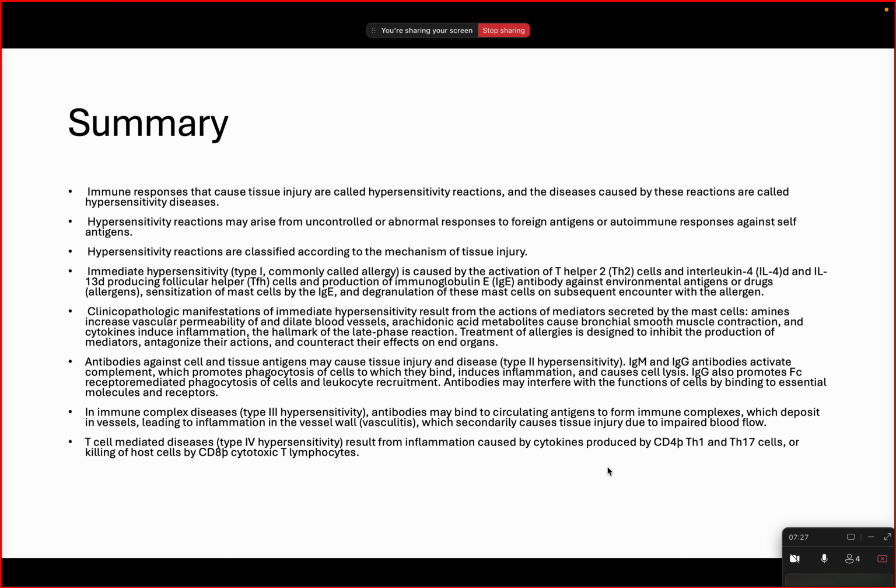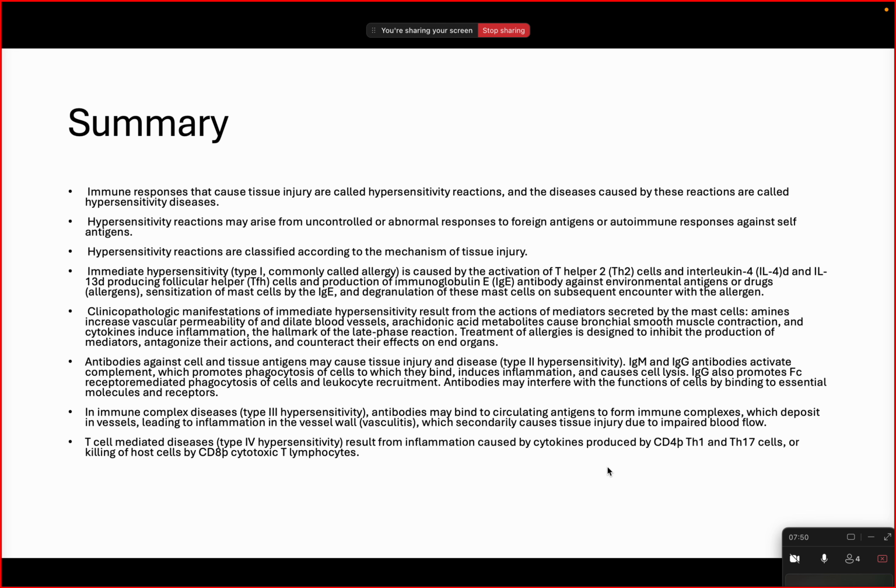Treatment of allergies is designed to inhibit the production of mediators, antagonize their action, and counteract their effects on end organs. Antibodies against cell and tissue antigens may cause tissue injury and disease, such as type 2 hypersensitivity. IgM and IgG antibodies activate complement, which promotes phagocytosis.